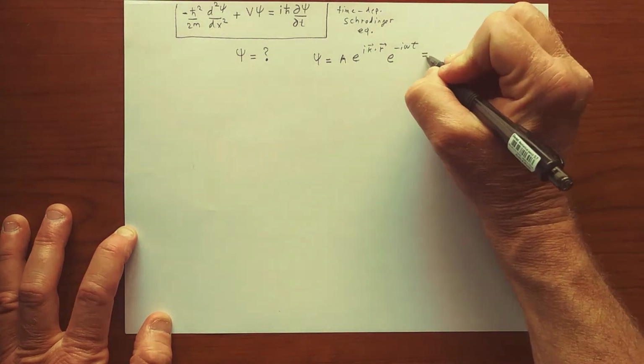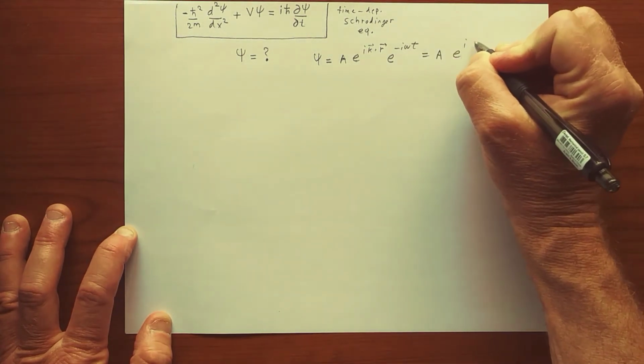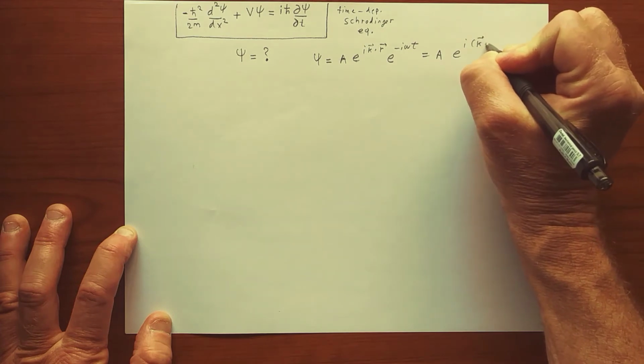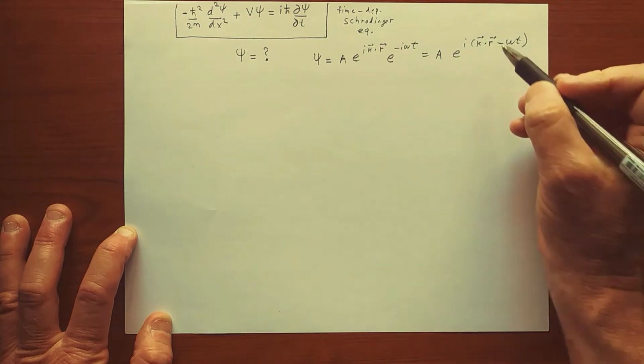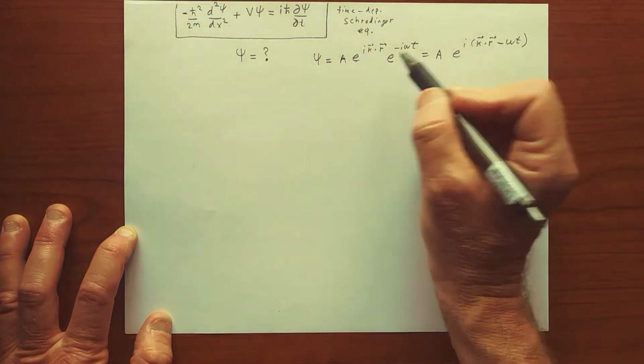Of course, this reduces to the function that we had before by the rules of exponents, right? So I can break it up like that.